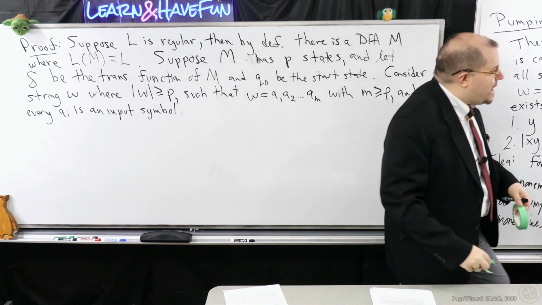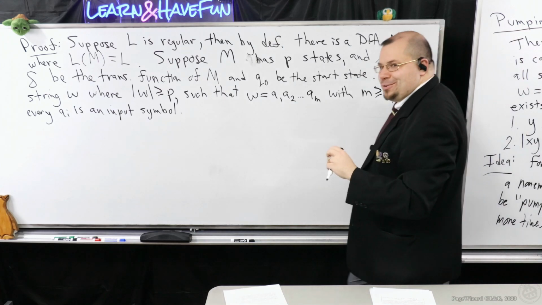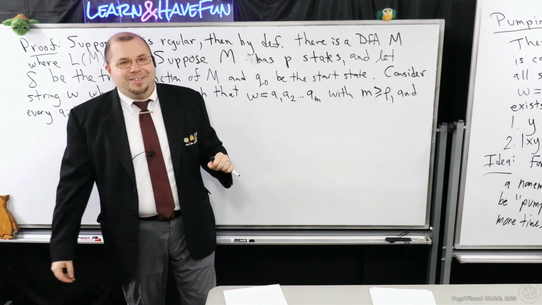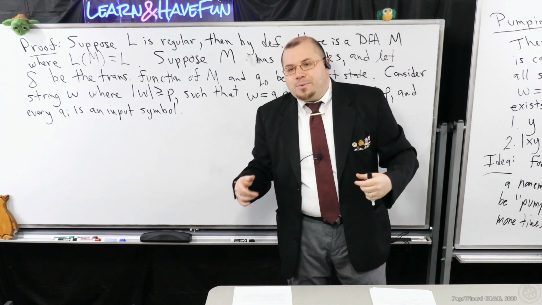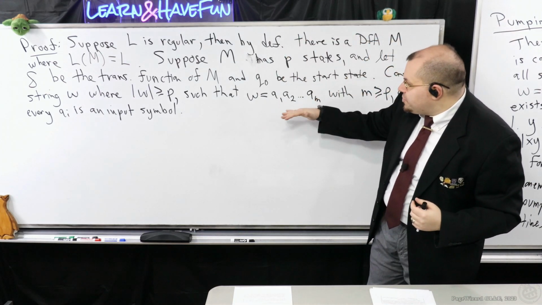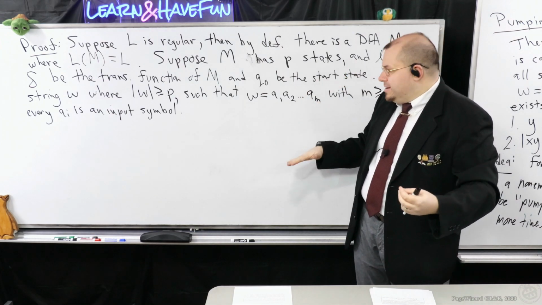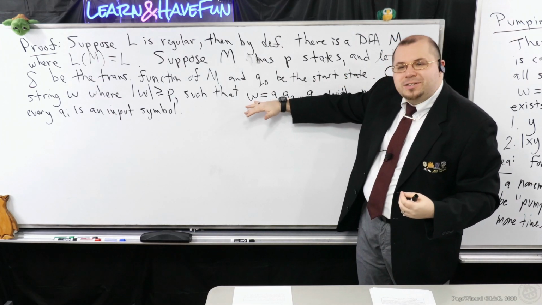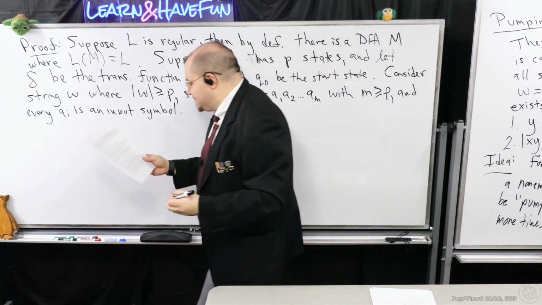Remember, this has to work regardless of what the DFA looks like. And remember, I'm going to consider an arbitrary string, and these labels are going to be assigned per W. You'll see what I mean in a moment.